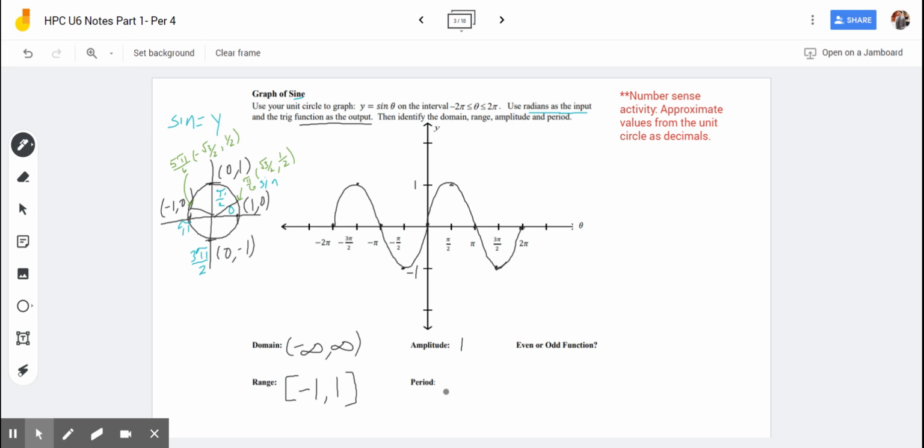The period, if we slice up this curve so we can see one full wave, one full cycle, is 2 pi units. And for even or odd, this is talking about symmetry. For the sine parent function, this is going to be odd, because there is symmetry about the origin.